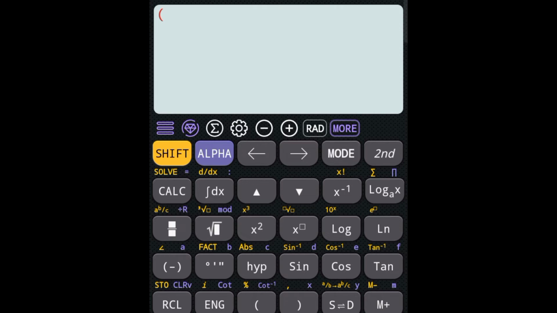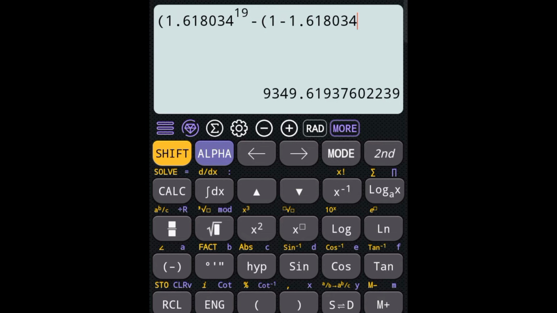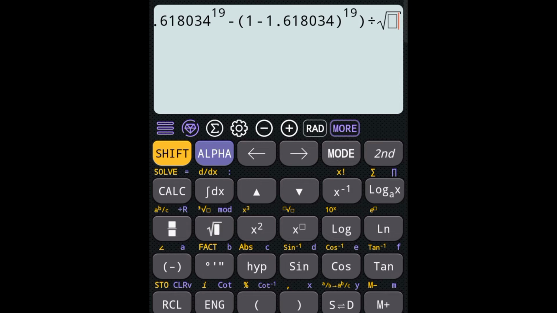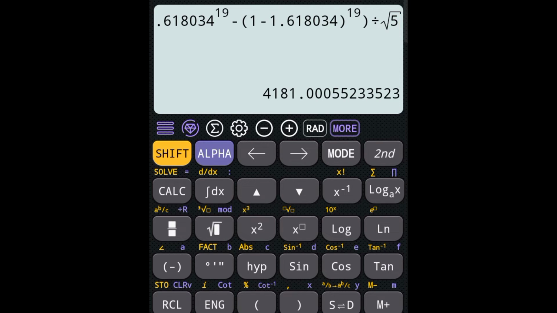Open parenthesis, value of phi, 1.618034, exponent 19, then minus, open parenthesis, 1 minus the value of phi, 1.618034, close parenthesis, exponent 19, then close parenthesis, then divide it by the square root of 5. So it's 4,181.